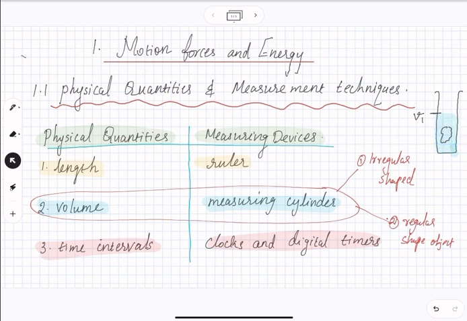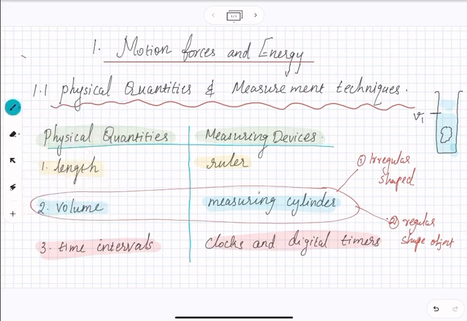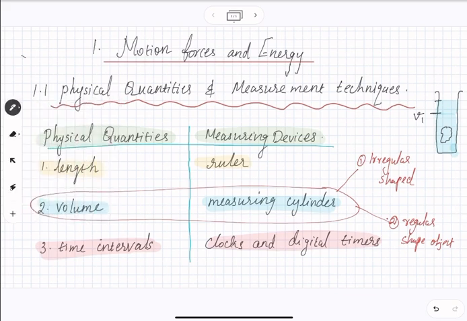When we dip this object in the liquid, we know that the water level will increase. So the water level will rise. So we will get a new volume. We can represent this one V2. So the volume of the irregularly shaped object will be the difference of these two volumes. That is the final volume of the liquid minus initial volume of the liquid.